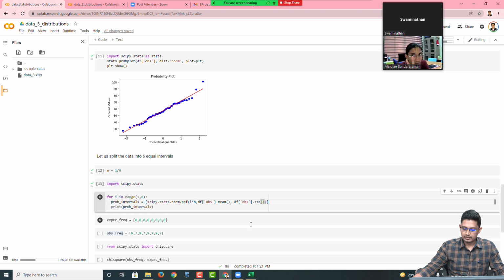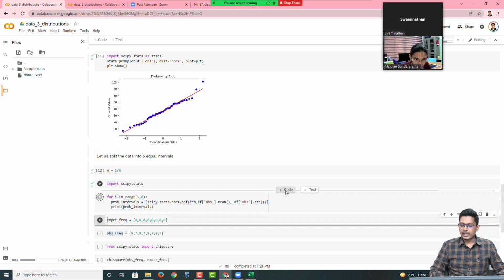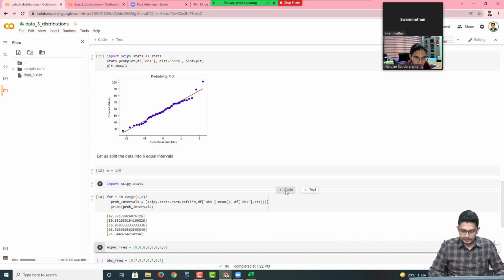So the normal uses 2 parameters, mean and standard deviation. Then let's print this variable called probability intervals. We had divided this into 6 equal intervals for which I'm calculating the probability intervals.